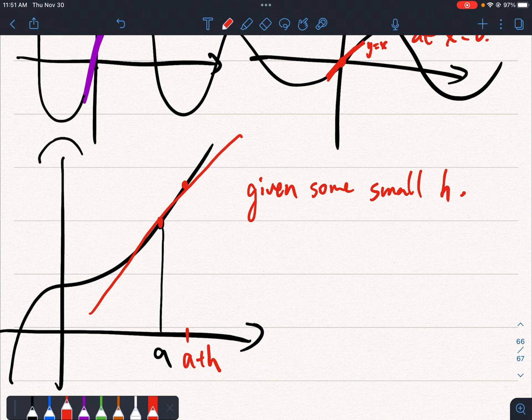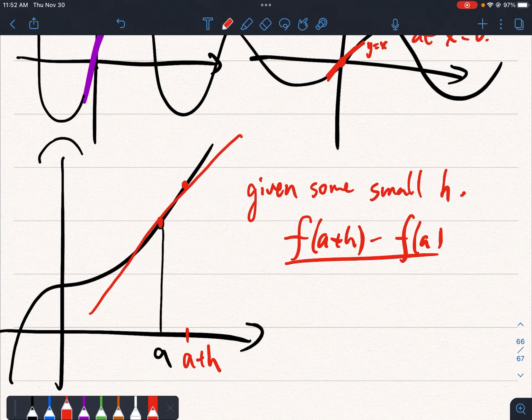When I say small, I mean the absolute value is small, less than some epsilon. You just look at some x that is close enough to a. Then you can calculate the slope of the secant line, which is f of a plus h minus f of a, divided by h.